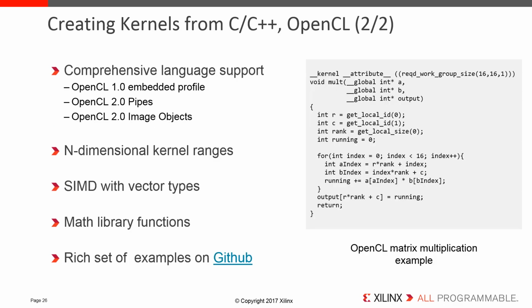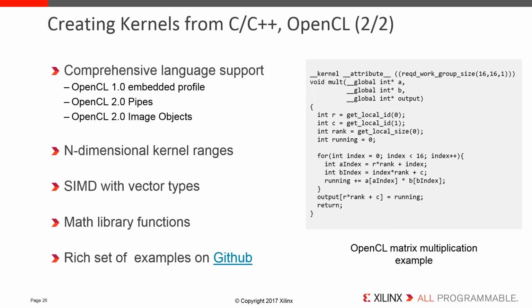The SDAccel compiler supports a rich set of C, C++, and OpenCL constructs. When it comes to OpenCL, the compiler specifically supports OpenCL 1.0 embedded profile, OpenCL 2.0 pipes, and OpenCL 2.0 image objects.